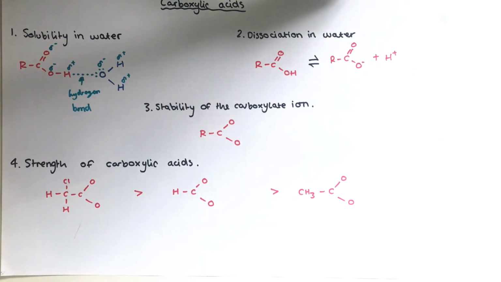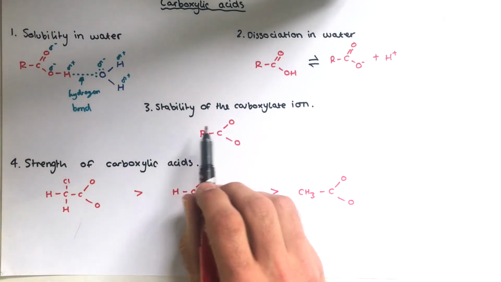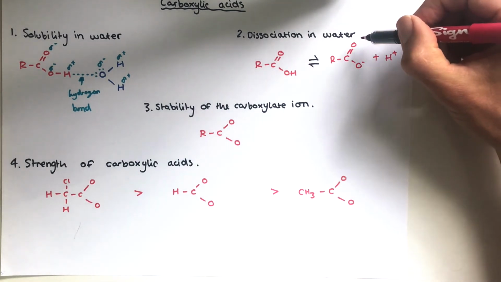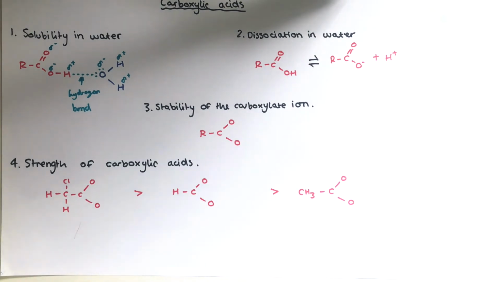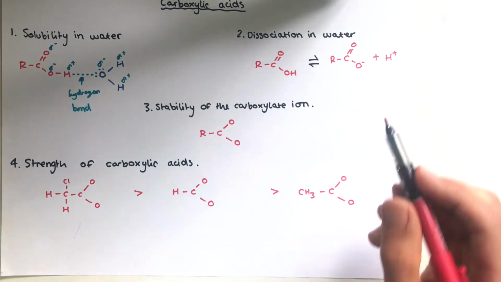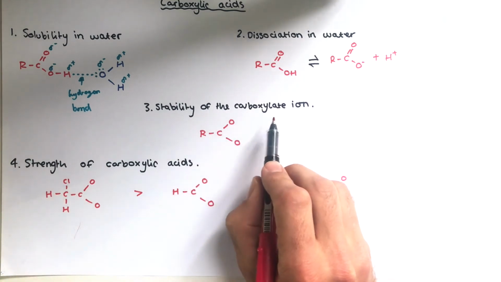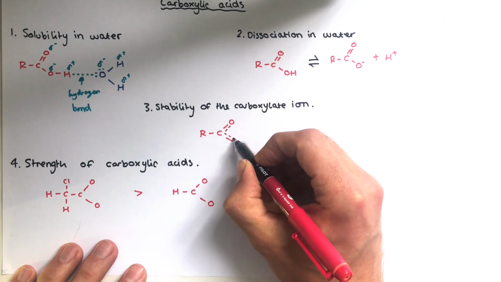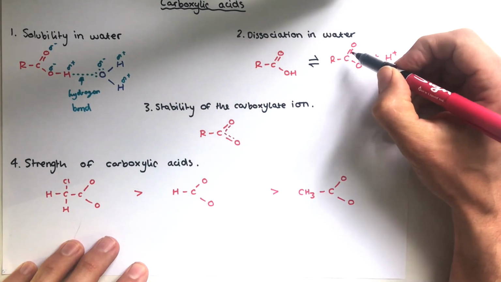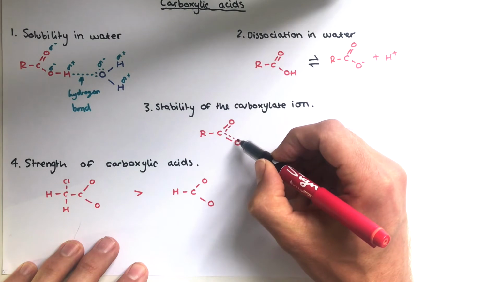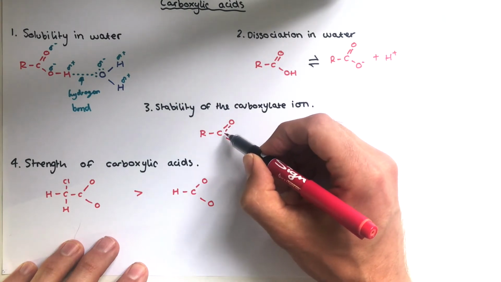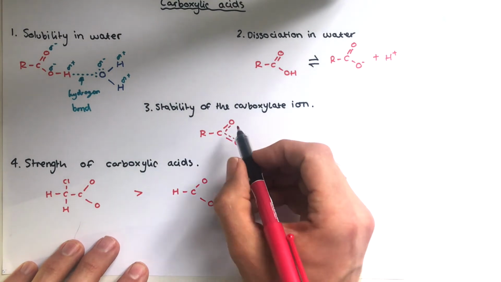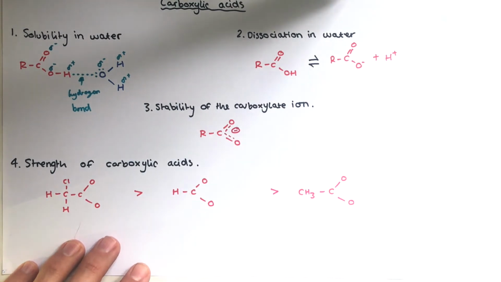Now we're going to have a look in a little bit more detail at the stability of this carboxylate ion. This doesn't really show the full picture of the carboxylate ion from a carboxylic acid. In order for the carboxylate ion to become more stable, the two p orbital electrons, so we've got the double bond here, and one of the lone pairs of electrons on this oxygen, will delocalize across this bond, similarly to what you would see in benzene, and the charge is spread out.